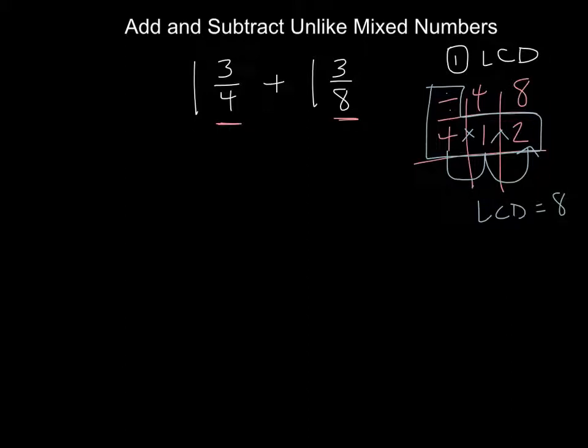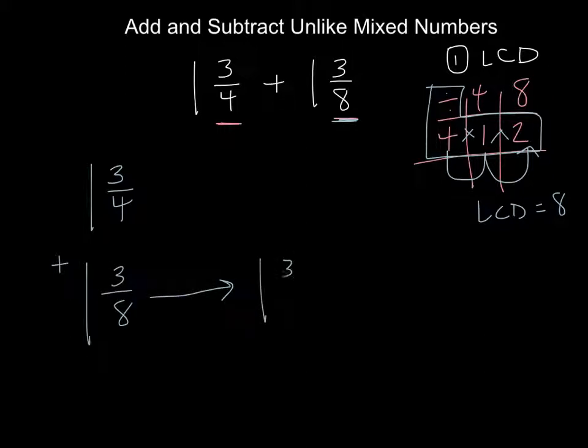Looking back at my fractions, I can see that 1 and 3/8 already has the denominator of 8. So when I write this problem, 1 and 3/8 is going to stay 1 and 3/8. 1 and 3/4 I need to change, and so I set up my second step, which is fraction times fraction equals fraction. 1 is going to go ahead and come down to my answer because the whole number is not going to change.